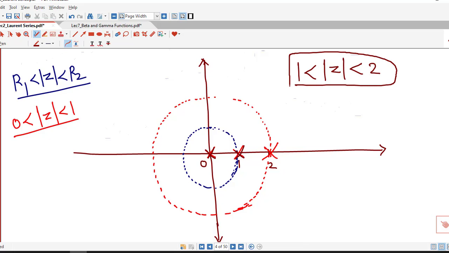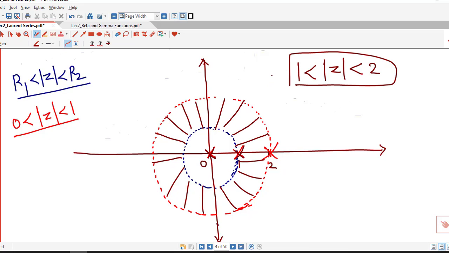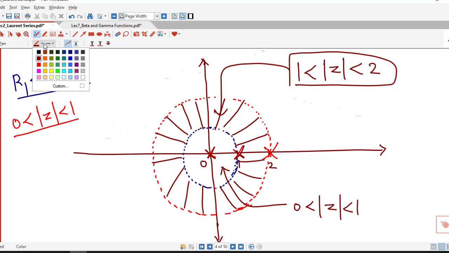So this region is nothing but the region between the circles mod z equal to 1 and mod z equal to 2, given by 1 less than absolute value of z less than 2. The inside region is given by 0 less than absolute value of z less than 1.